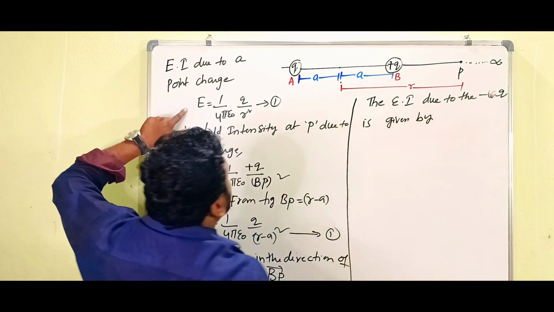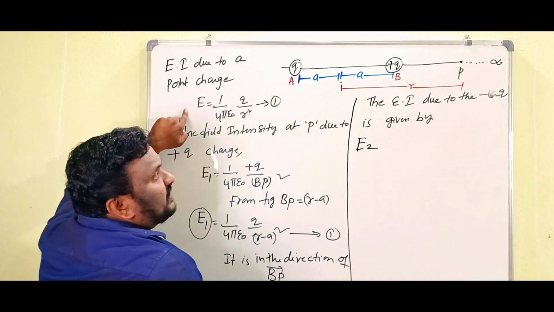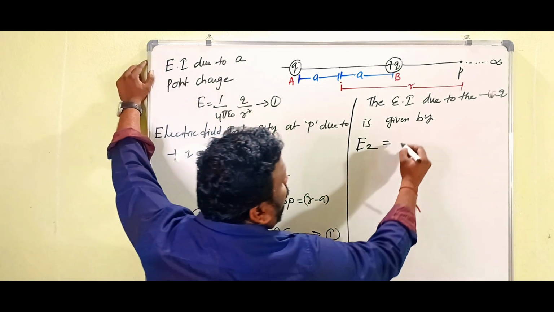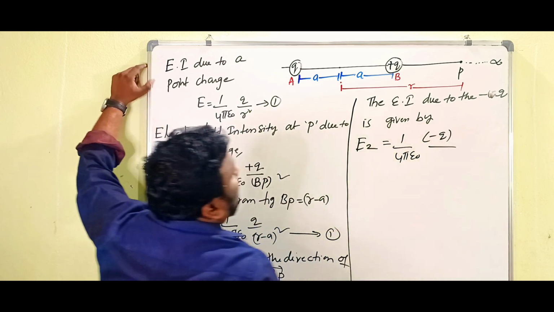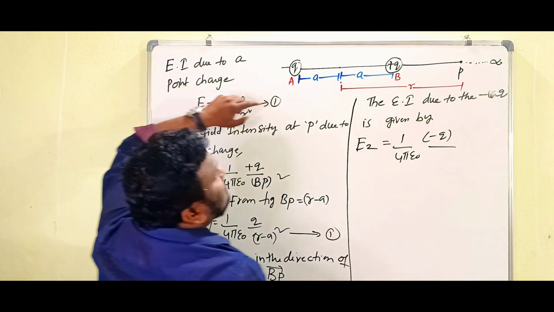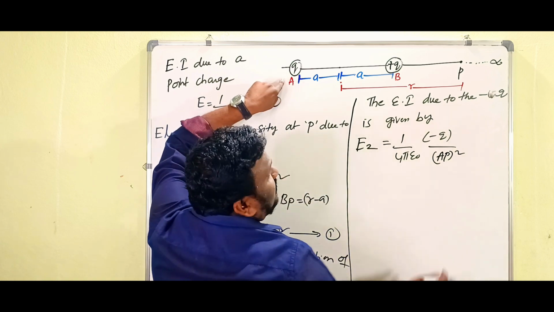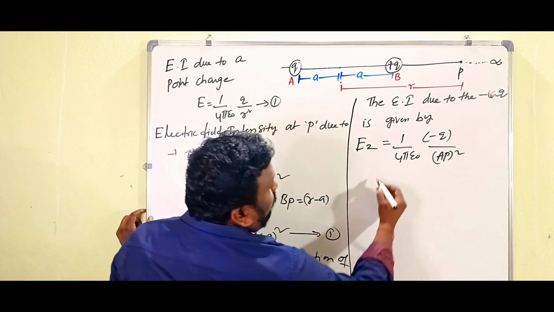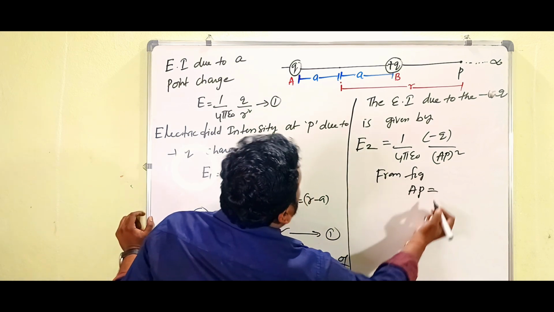the same formula, we write it. We call it E2. What is E2? E2 is equals to 1/4 pi epsilon naught and minus q by the distance from q to P, nothing but AP. So AP whole square: the distance from the minus q charge to the point P is AP. Again, from the figure we can write AP.